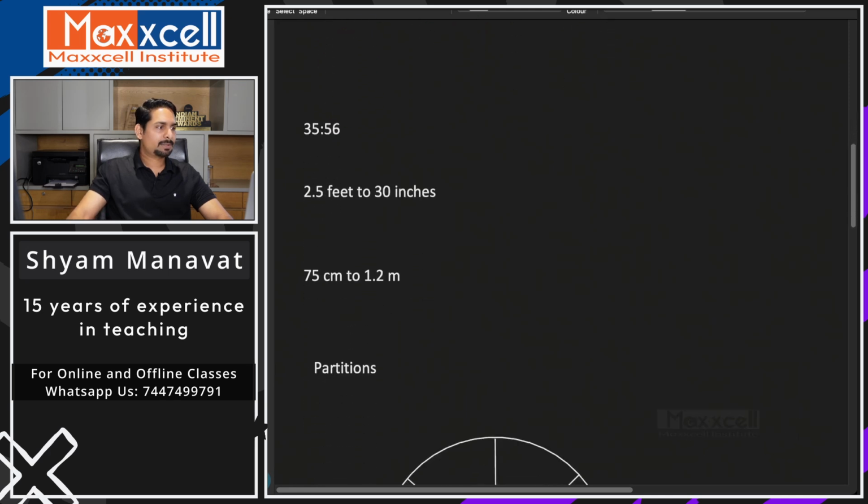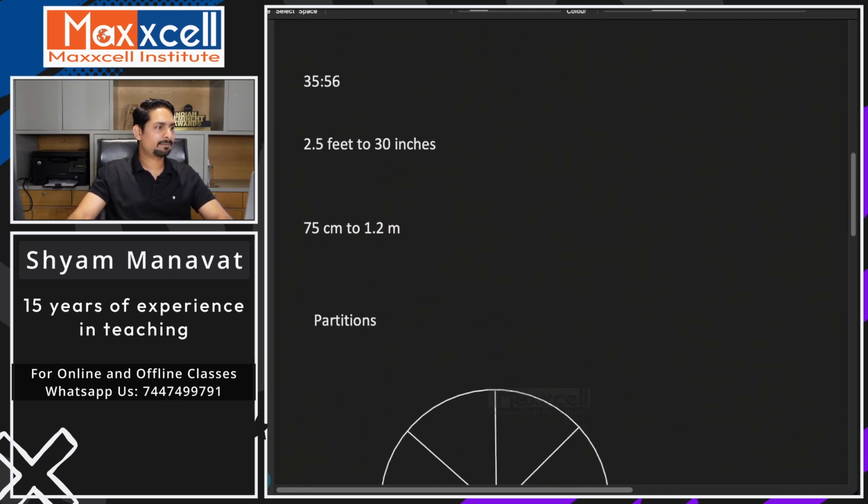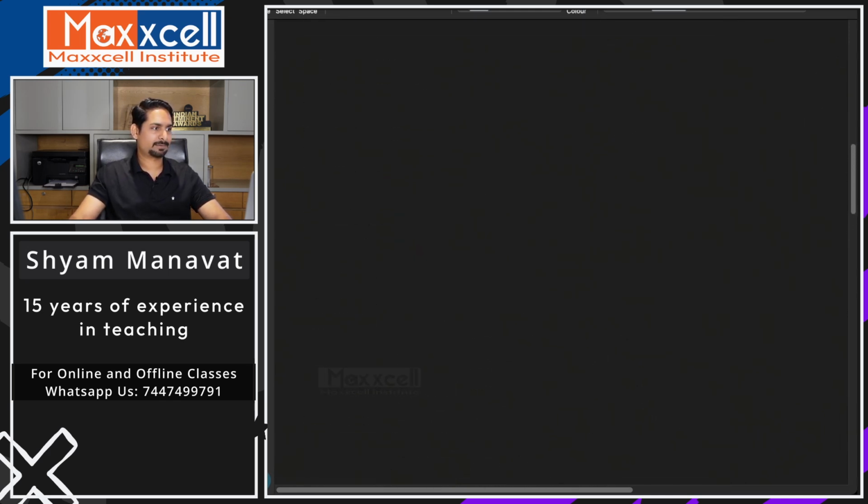Let's take one more example. 35 and 56, okay. Which number can divide both 35 and 56? Is this 7? Yes, okay.